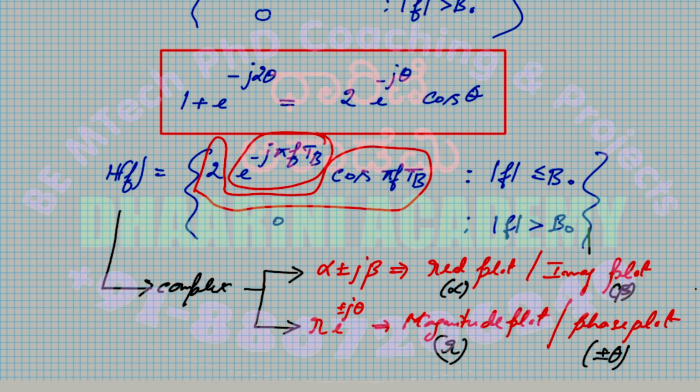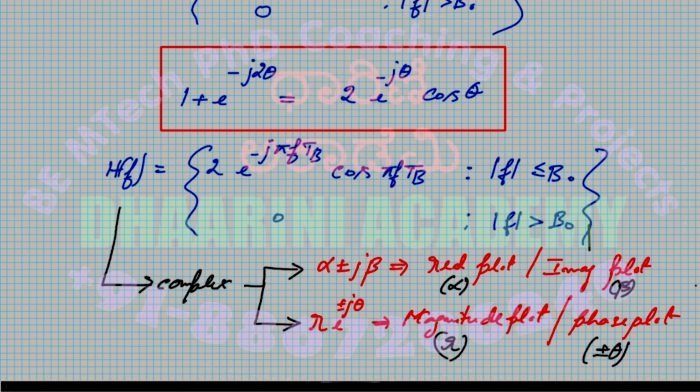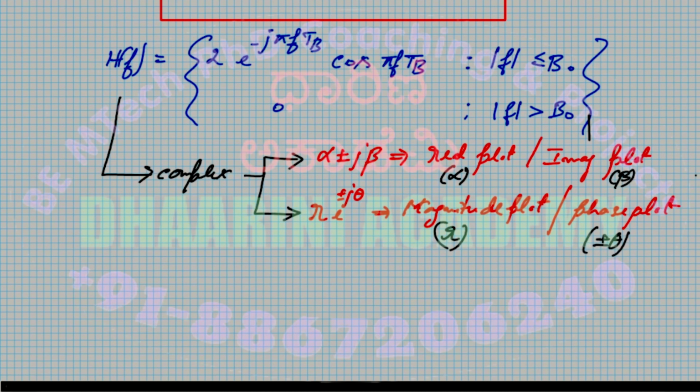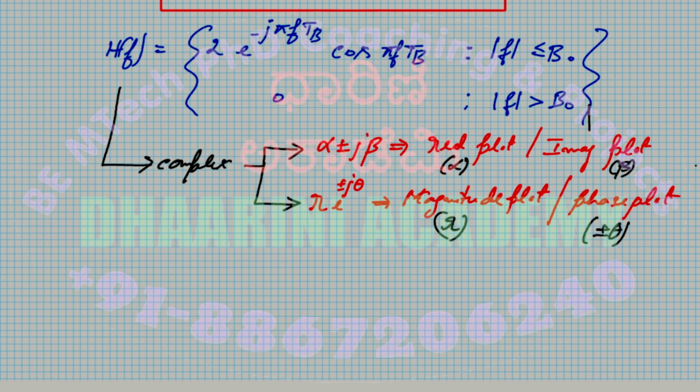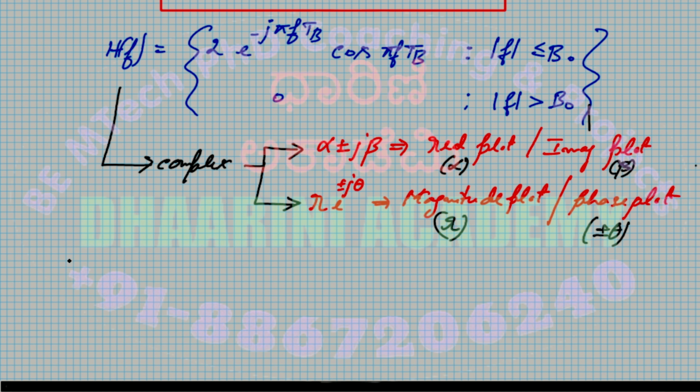Are you okay? So because of that, if I want to visualize this particular H of f, if I want to plot this, I have to separate the magnitude and the phase. All right, so that's the reason why I took so much time to explain this.